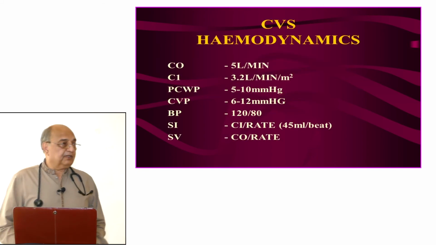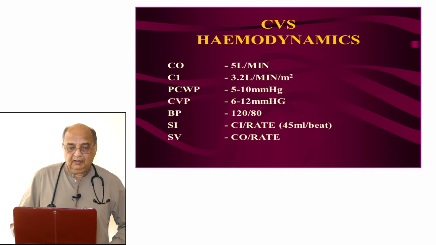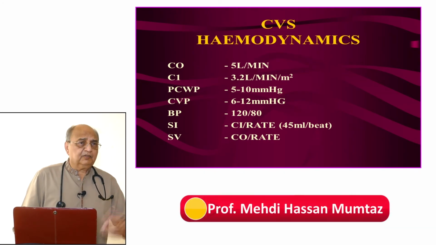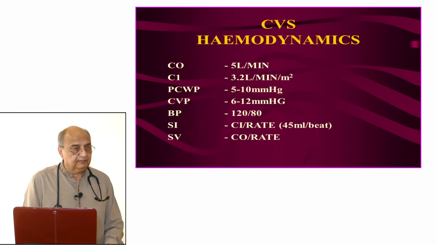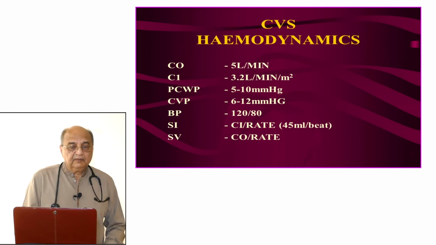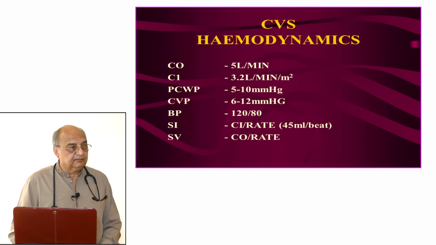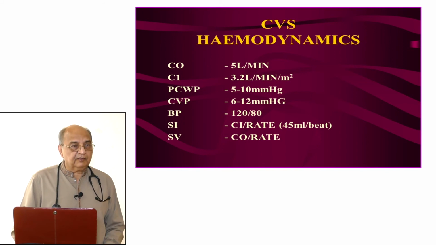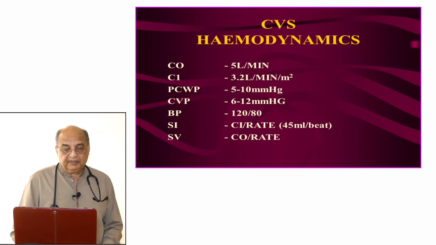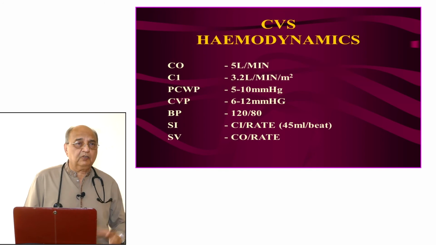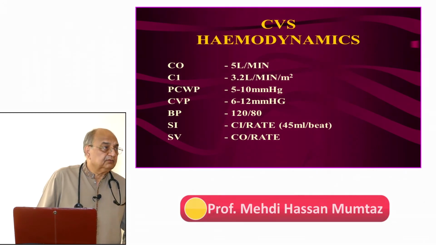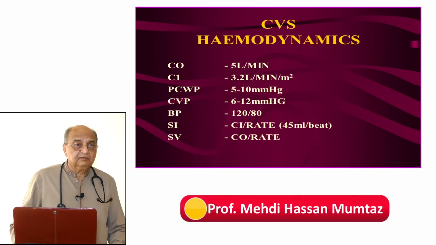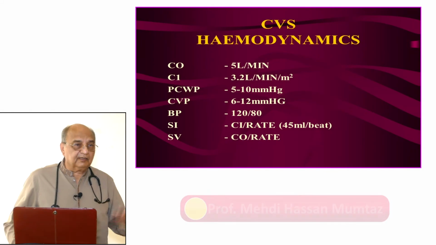Now, cardiovascular hemodynamics. Look at the cardiac output. Roughly, normal cardiac output in a normal person is 5 liters per minute. The cardiac index is 3 liters per minute per square meter. कितना है आप लोगों का सरफेस एरिया? डिपेंड करता है साइज में छोटे बड़े पे, लेकिन एवरेज कितना है?